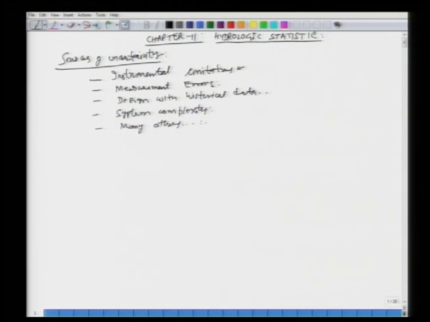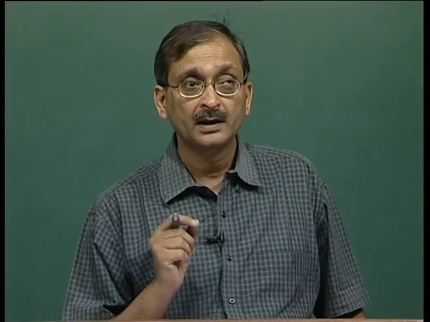Whatever be the sources of errors or uncertainty in our hydrological variables, our objective is to somehow incorporate this uncertainty in the hydrological process which we are modeling or representing. So, what are the objectives?